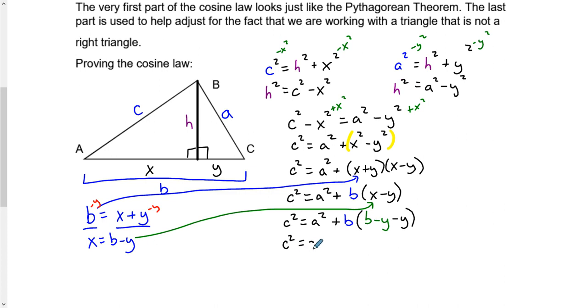So let's simplify. I'm going to take this down to 2 steps of simplifying. Which means it's negative y and negative y is going to be negative 2y. And then I'm going to do some distribution.